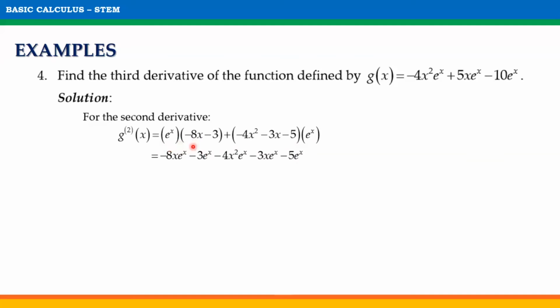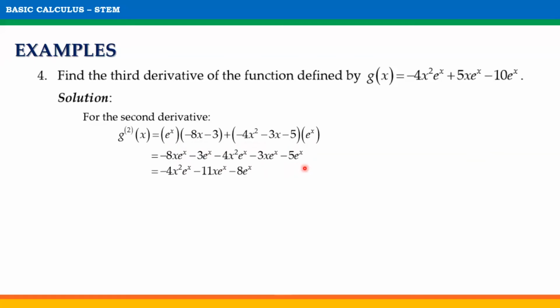Multiplying e raised to x on negative 8x minus 3 and negative 4x squared minus 3x minus 5, we will get negative 8x e raised to x minus 3 e raised to x minus 4x squared e raised to x minus 3x e raised to x minus 5 e raised to x.